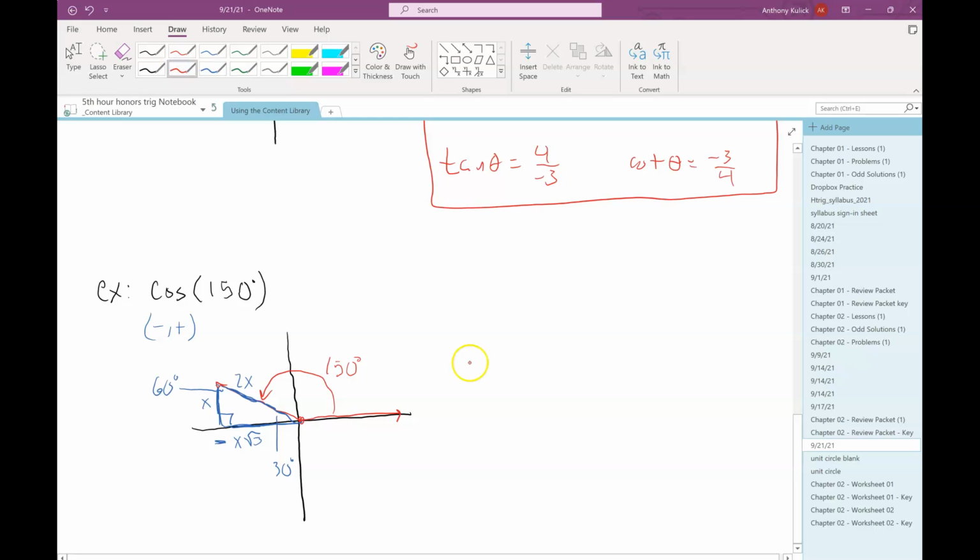And then cosine is just going to be adjacent over hypotenuse. And when we reduce the x's, I have negative root 3 over 2.